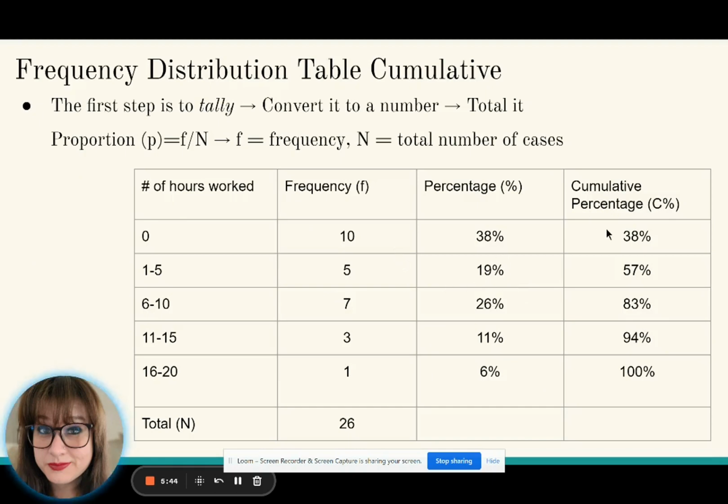Now what you do is you add it to this one here, because what's happening is that you're trying to figure out, what's the cumulative, like how much of the population or the total or the sample is coming to this. So 38 plus 19 is 57. 57 plus 26 is 83, and you go down, etc. And you'll see that you had to do each individual category, and then you had this total here as you add them to the last row.